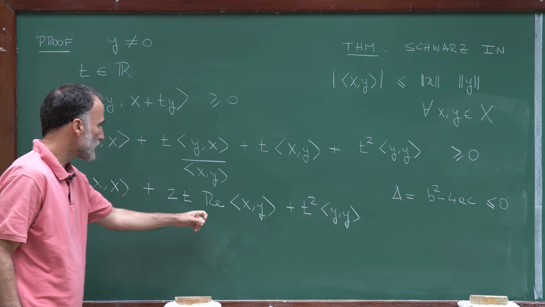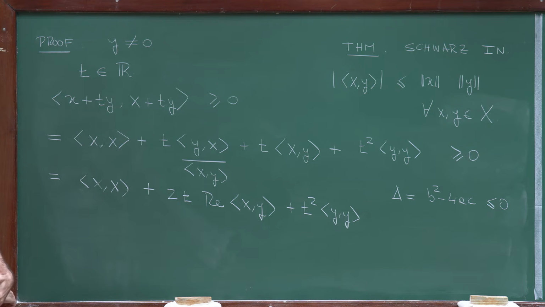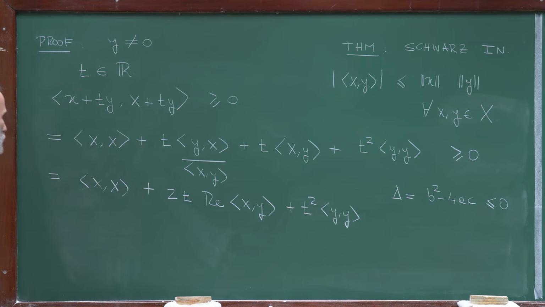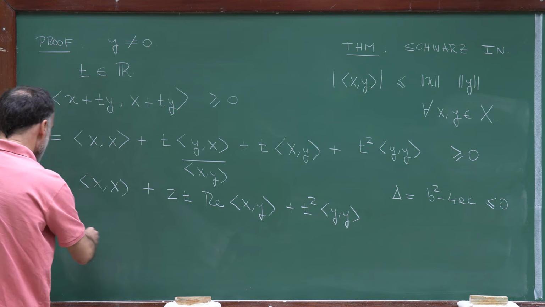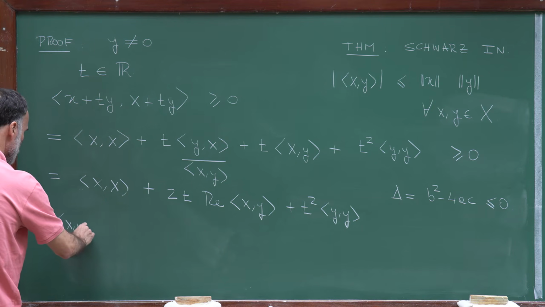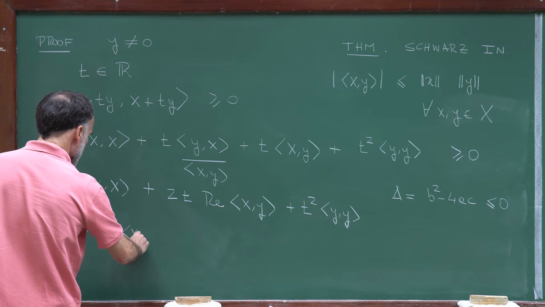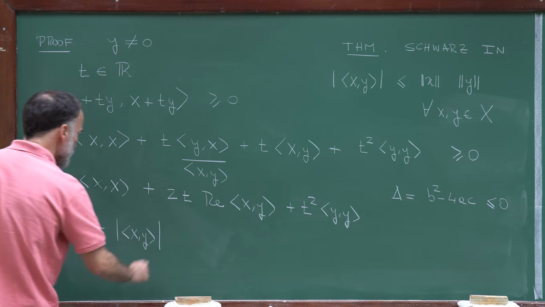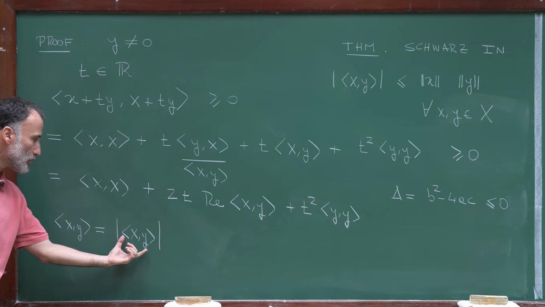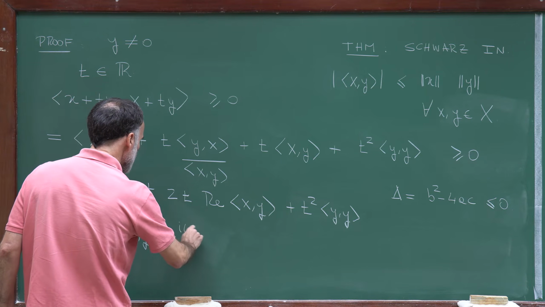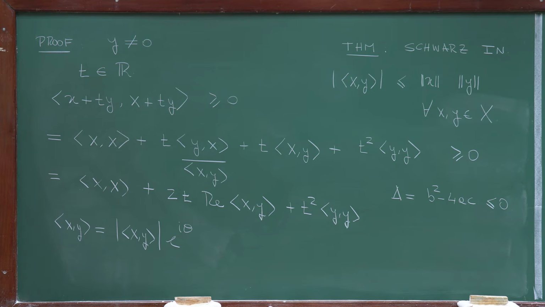Here I want to get rid of the real part and replace that by the absolute value of xy. So I will use a slight trick. xy can always be written as the absolute value of this complex number times some exponential i theta, where theta is between 0 and 2 pi.